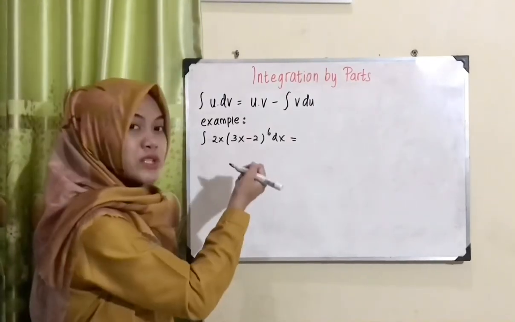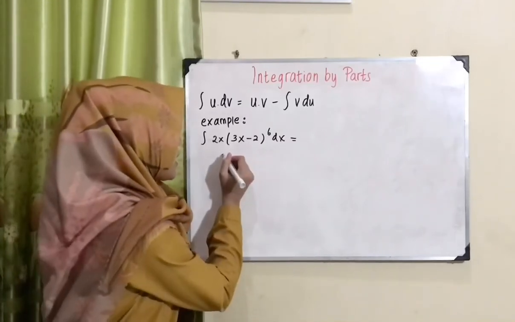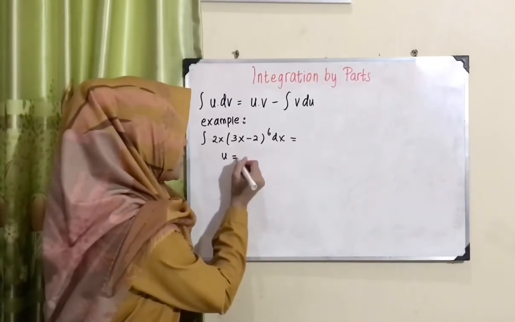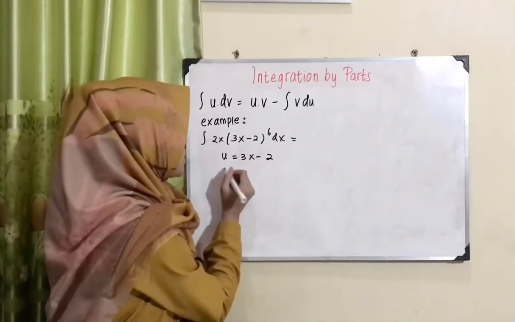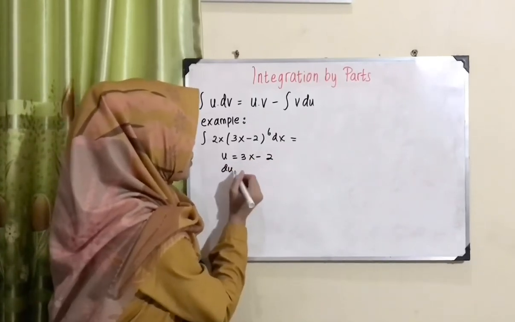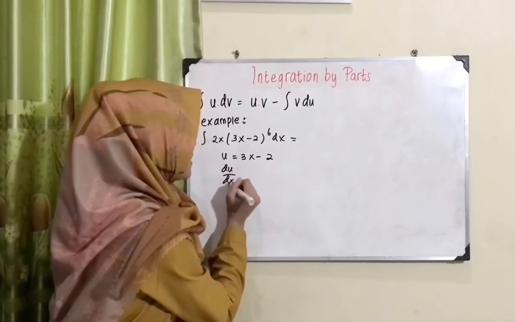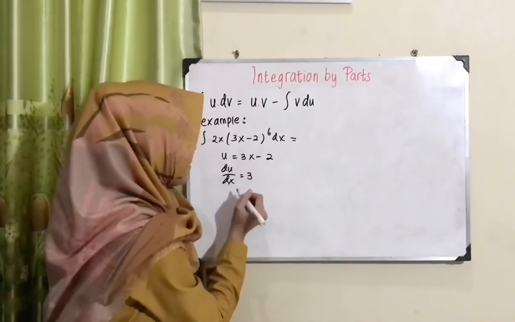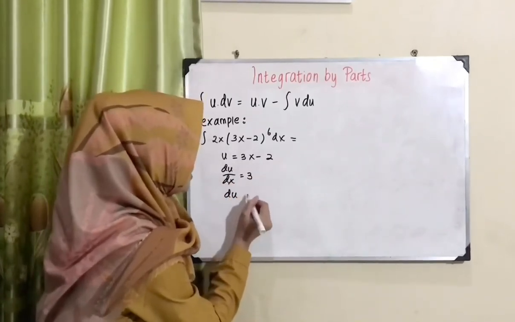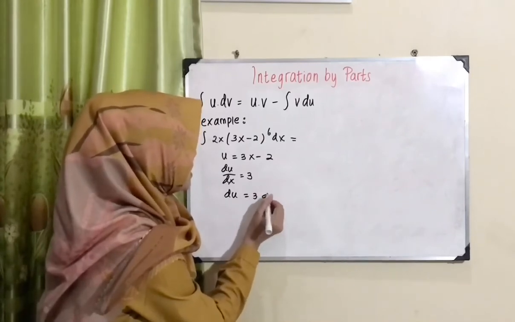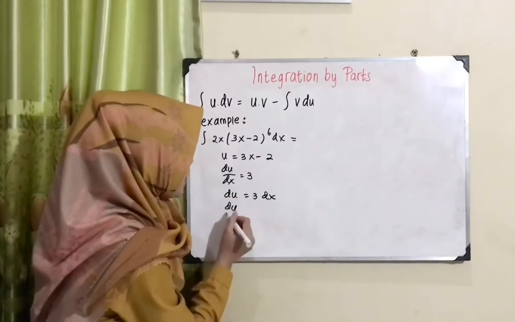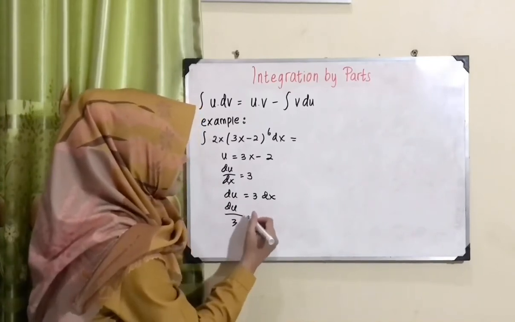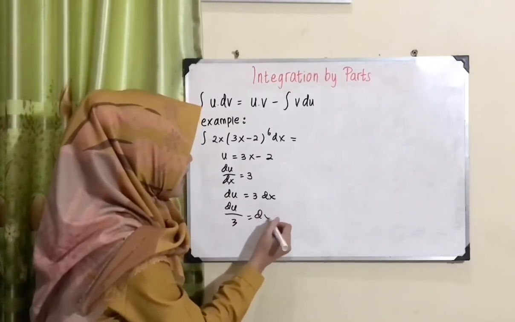If we use substitution rules, we know u is 3x minus 2. So du over dx is equal to 3 and du is equal to 3 dx, or we can write du over 3 is equal to dx.